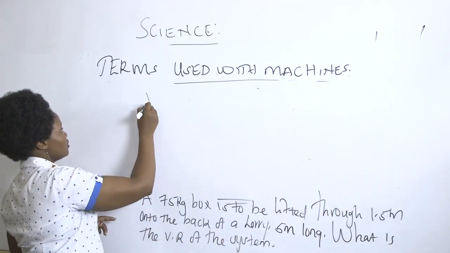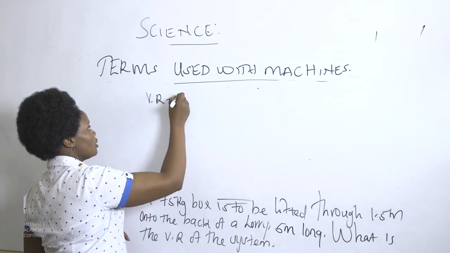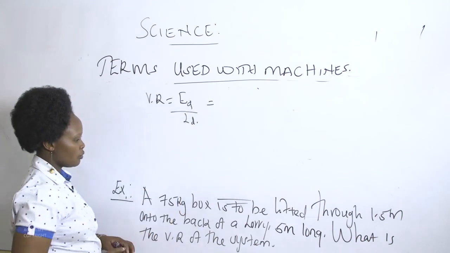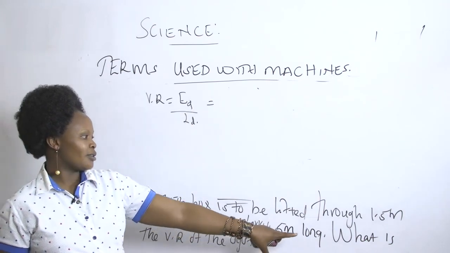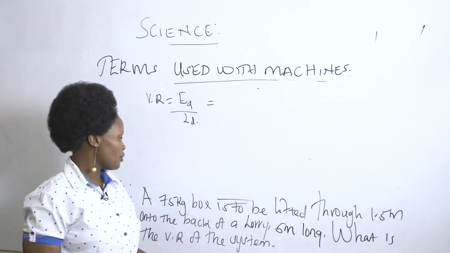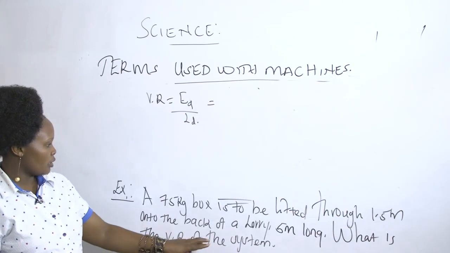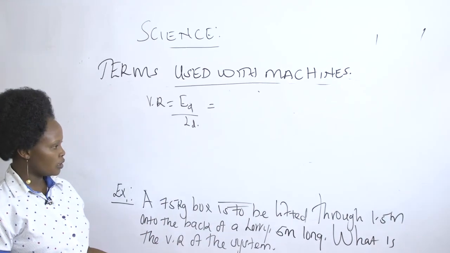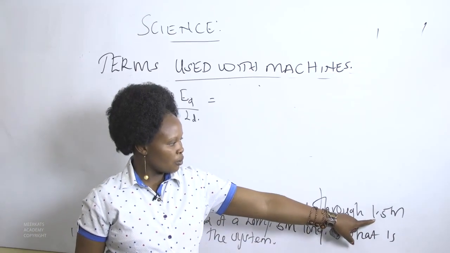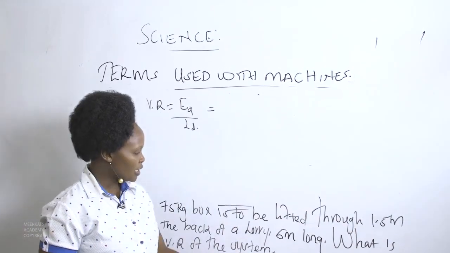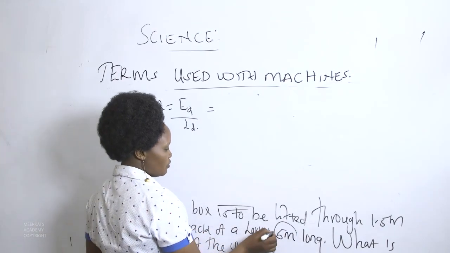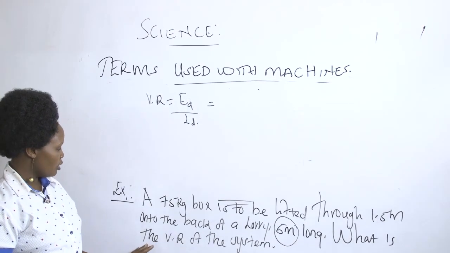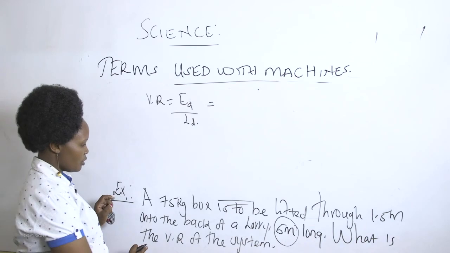But we have said that velocity ratio is given by effort distance over load distance. Say in our case, if we are to lift it through 1.5 onto the back of a lorry 5 meters long, then it means the load is moving to 1.5 meters high, but the effort with which we are going to lift it is to move 5 meters long of a path.